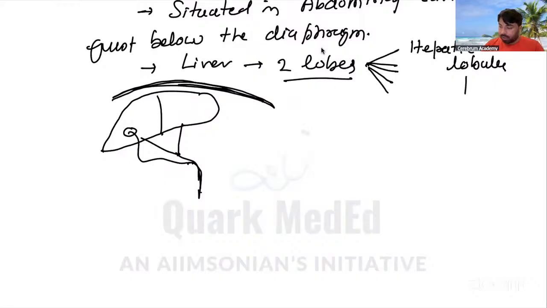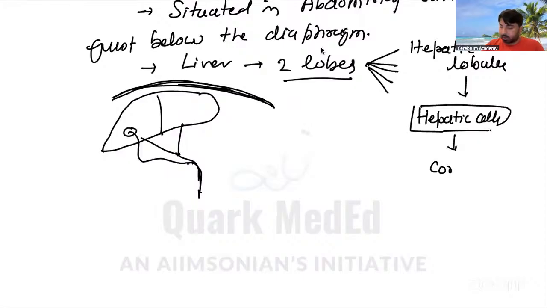And a hepatic lobule contains hepatic cells, and these hepatic cells are arranged in the form of cords.